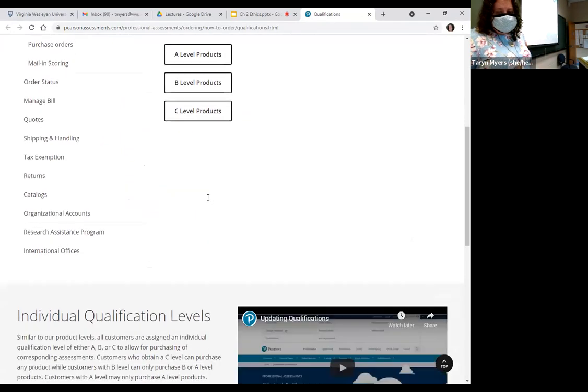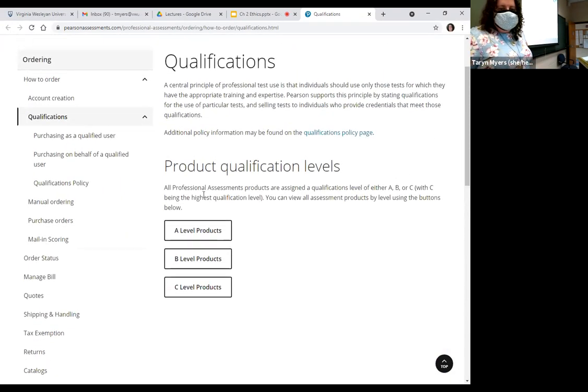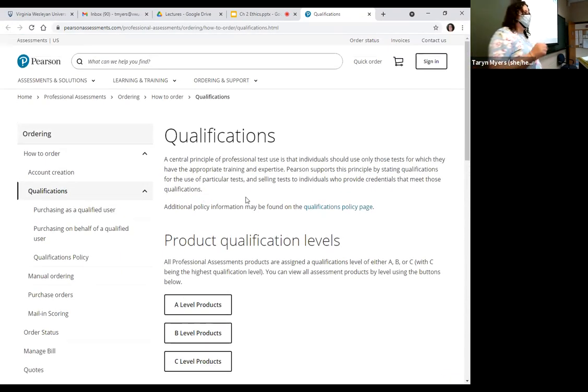Now, I was really surprised when I got here and I started teaching this class. I bought a bunch of assessment materials that I'll bring in throughout the semester to show you. I have my PhD, but I'm not licensed. And I contacted these companies and I was like, can I do this? Can I buy these?